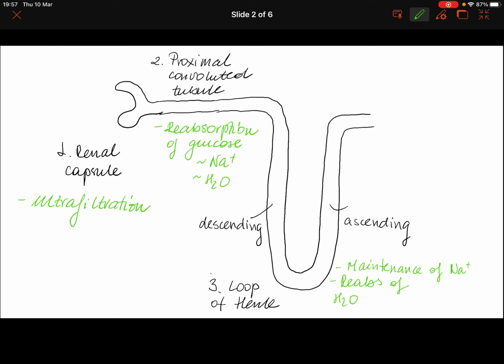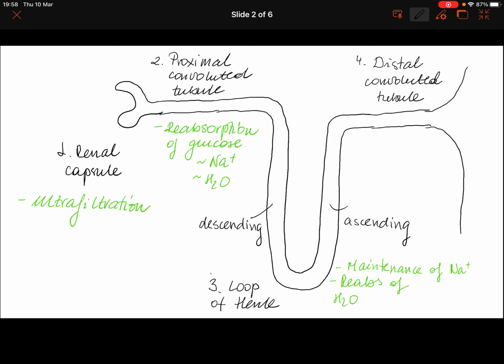function of the nephron. Finally, going up through the ascending limb, we are arriving at the fourth section of the nephron, which is called the distal convoluted tubule. Which then further takes us to the final part of the nephron called the collecting duct.